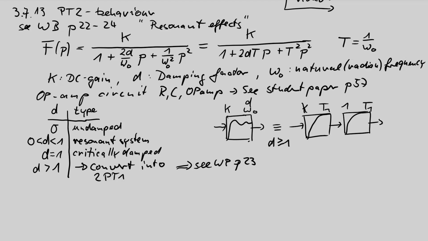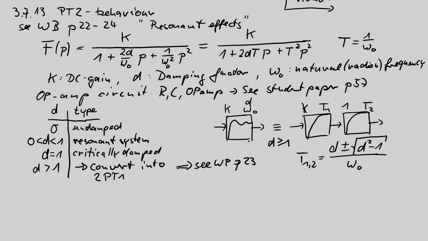You have 2 time constants, of course different values, and these can be calculated. T1,2 is a division line. In the denominator, of course, the natural frequency plays a dominant role, and then we have in the numerator an expression D plus and minus the square root of D squared minus 1.